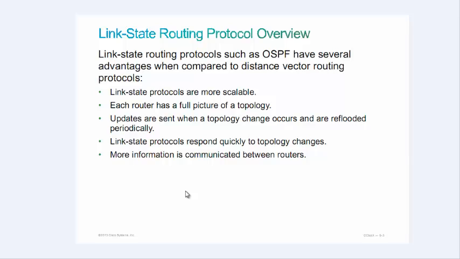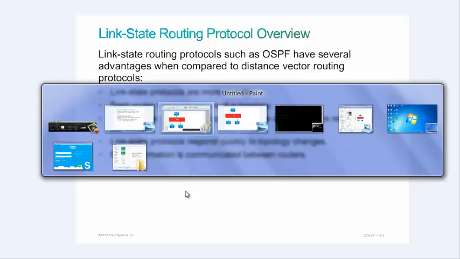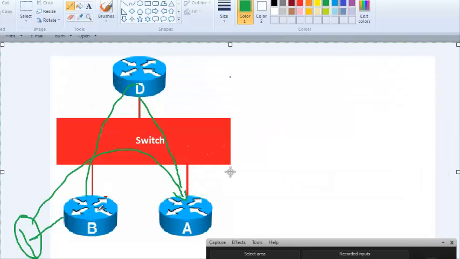So a link state routing protocol works with something called LSA. LSA stands for link state advertisement. So what is a link state advertisement? When a router comes up and is configured with OSPF, take the same example: B is configured with OSPF and A is configured with OSPF.